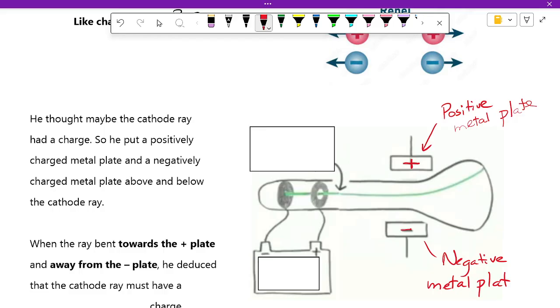And the cathode ray bent. Which direction does it bend? What does it bend towards? Towards positive.